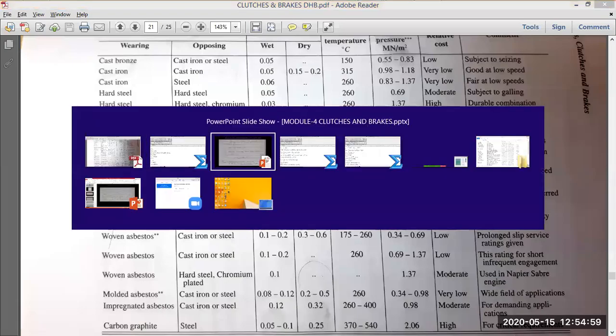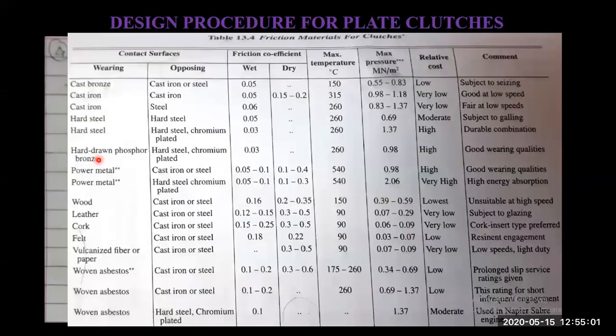It will be better in the PPT, I guess. Now you can check it out here. Chromium plated and phosphorus bronze. For this, there is no dry option, which means it should be wet and submerged.